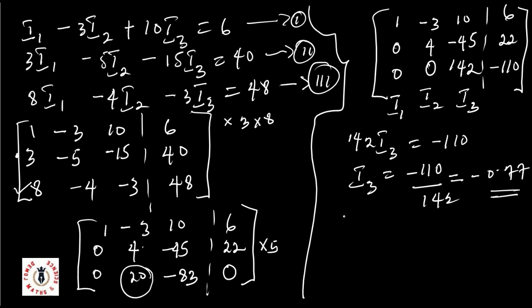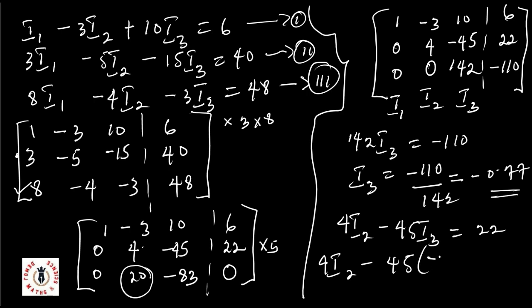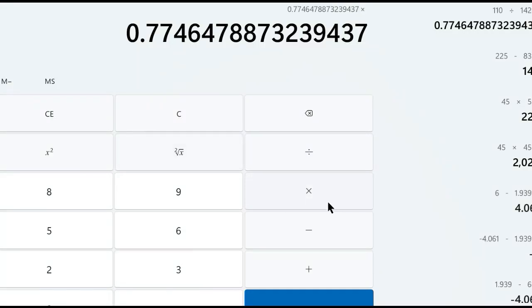Now, to solve for I2, I know that 4 I2 minus 45 I3 will be equal to 22. So that's 4 I2 now minus 45 into minus 0.77 equals 22. 4 I2 obviously will be the same thing as 22 plus 45 times 0.77.